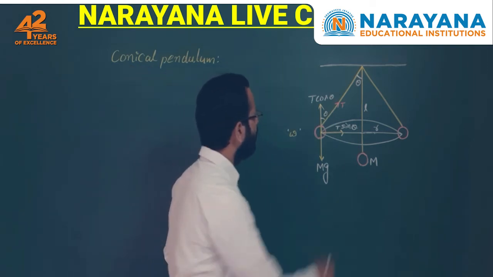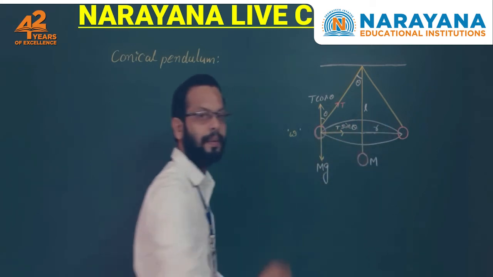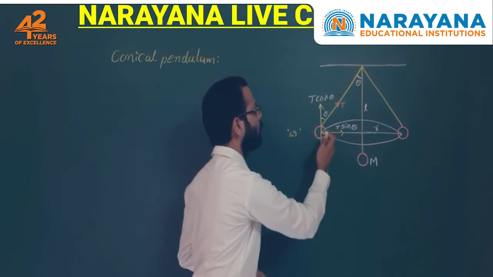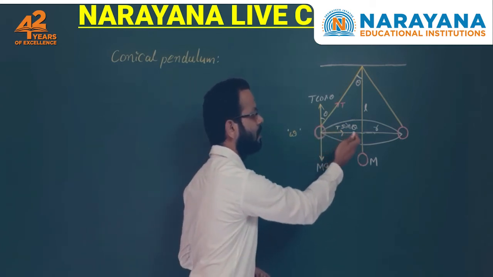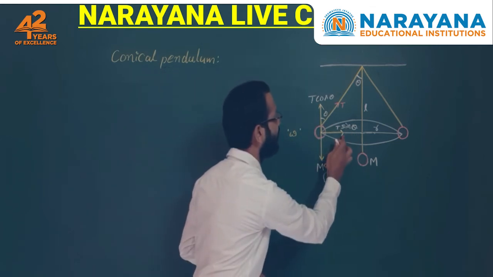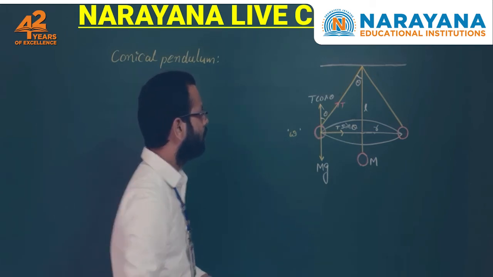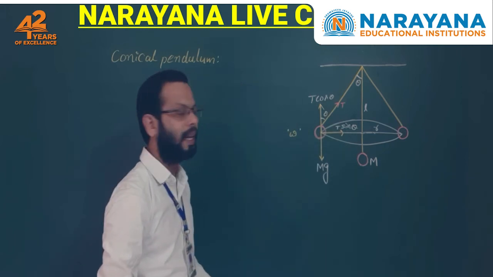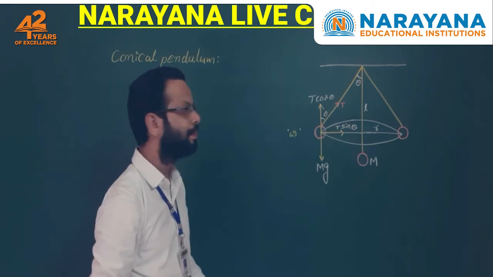And the bob describes a horizontal circle, which means there will be an acceleration towards the center, because of the centripetal force. So this T sin theta provides the centripetal force. This T sin theta is responsible for making the bob revolve in the circular path.